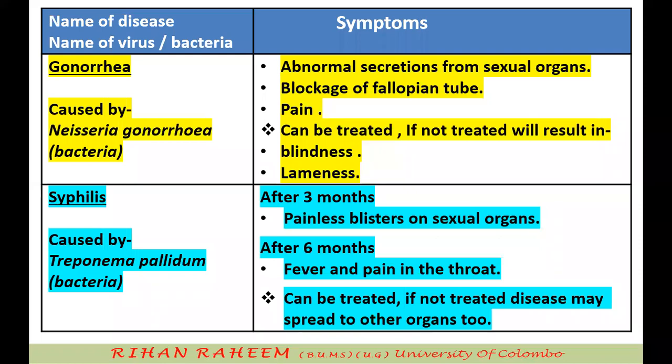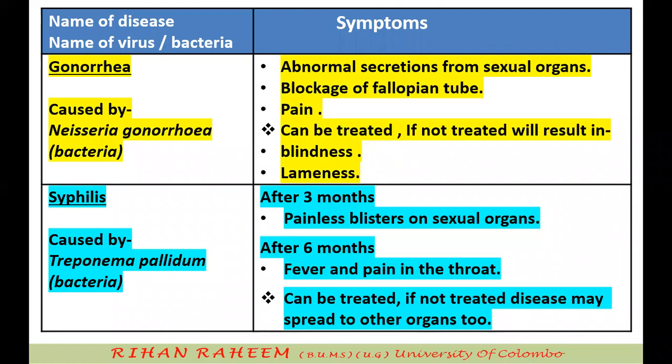Understood? Then we'll go to syphilis. Syphilis is caused by Treponema pallidum, which is also a bacteria. If sexual intercourse happens with a syphilis person, after 3 months there will be painless blisters on the sexual organ. Blisters means pimples. After 6 months there will be fever, pain, throat pain, and many other things.